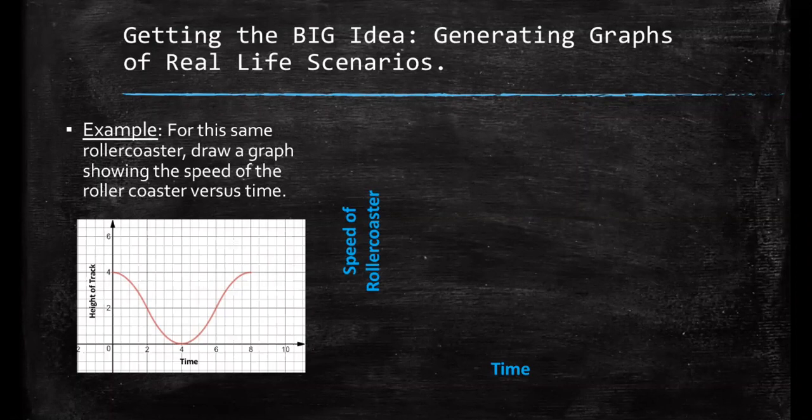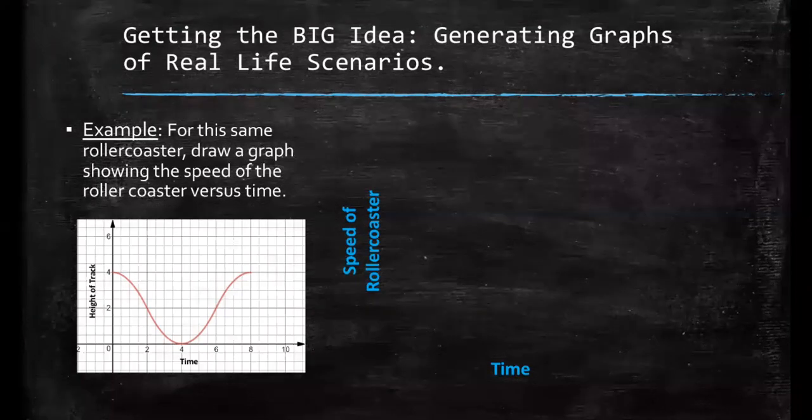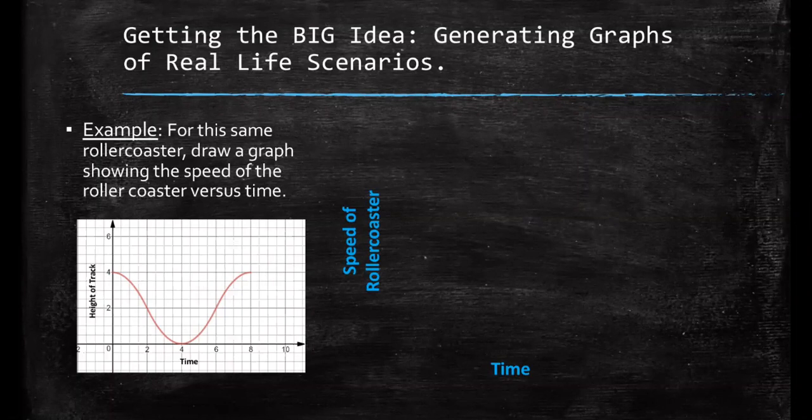Now all of our graphs will be a little bit different, but certain things should be happening around the same times. Our speed should be increasing around the same times, decreasing around the same times, okay? Based on this height graph of our roller coaster. So can you generate that speed graph? Pause the video, try and generate it, and then see if you get close to what I generate.